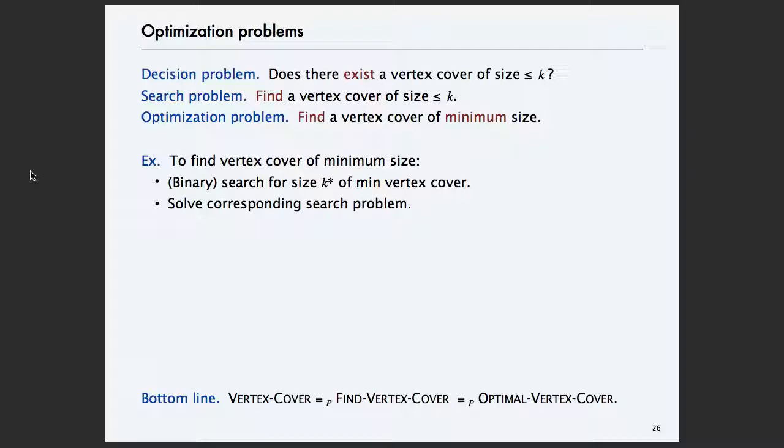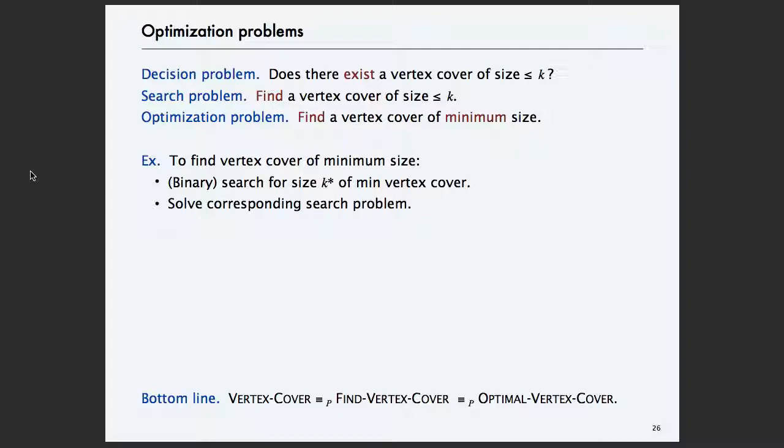And again, the k is related to the size of my problem, so it's log of the size of my problem, or some polynomial thing related to the size of my problem. Does that make sense? So even though optimization is a lot harder, if I can do one polynomially, I can do the other.